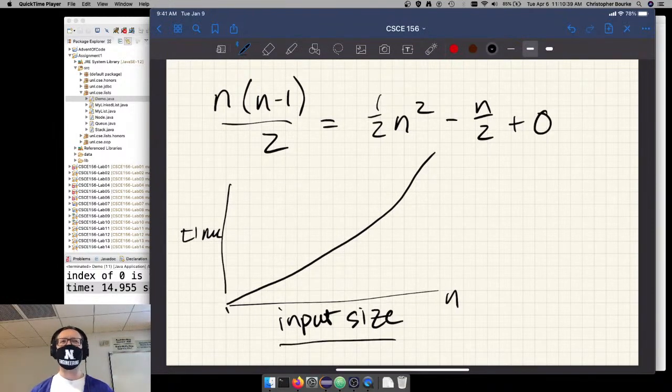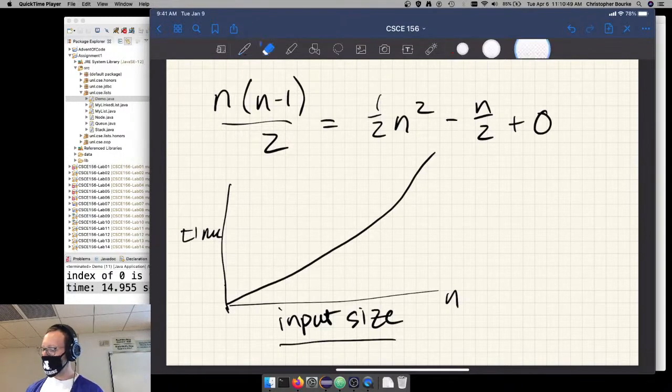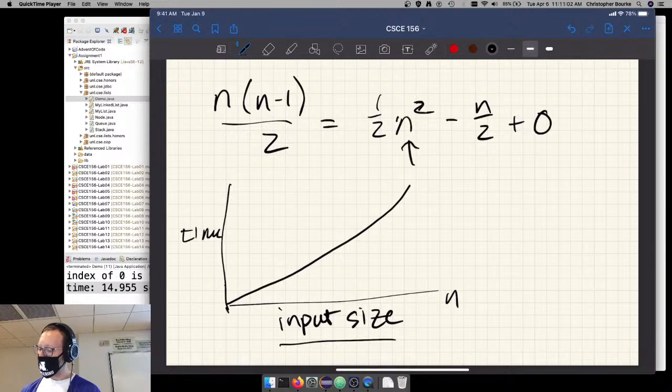Can you have a list of -5 elements? No, right? So we don't care about that side. It's definitely a parabola if you looked at both sides. We already said that the first derivative is a linear function. What is this function right here? This is going to be a quadratic.